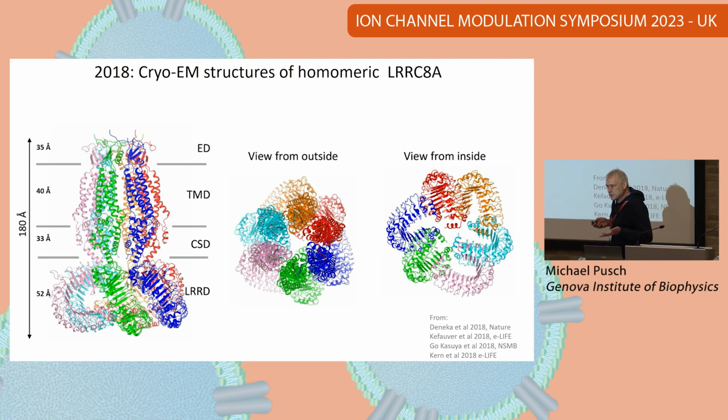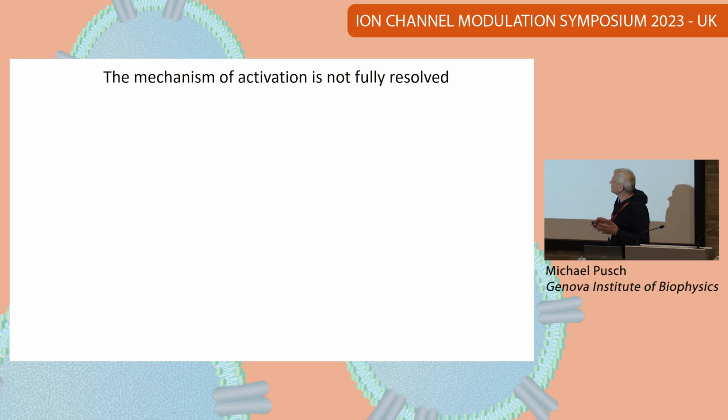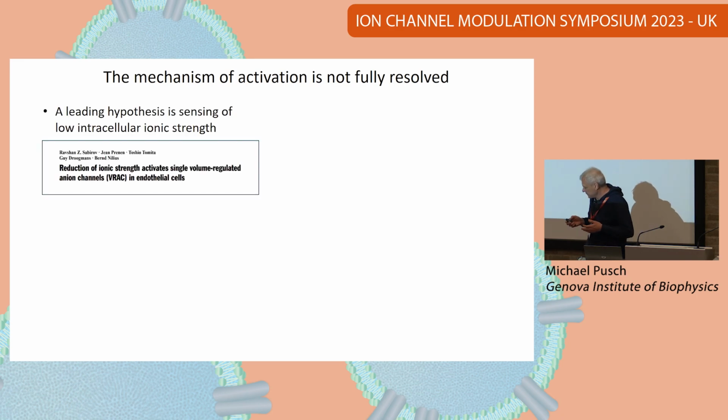Despite all this knowledge, the mechanism of activation, so how hypotonicity activates this channel, is still not known. A leading hypothesis that has been put forward by the Jentsch lab, and Thomas has also worked on that, is that these channels are activated by low intracellular ionic strength, even though it is not really clear how physiologically the ionic strength can really go down to levels sufficient to activate the VRAC.